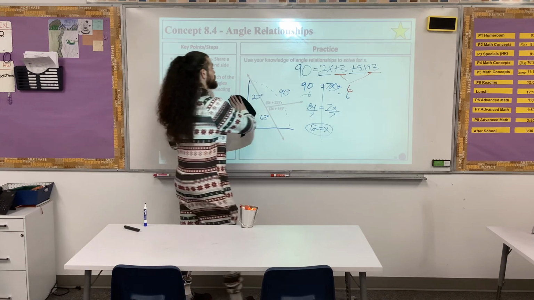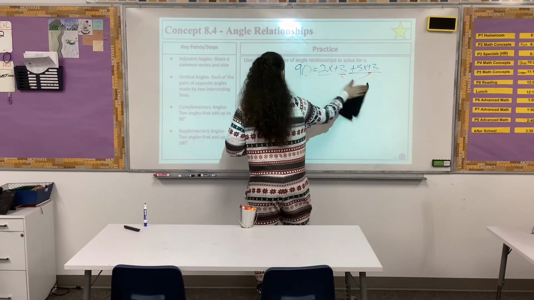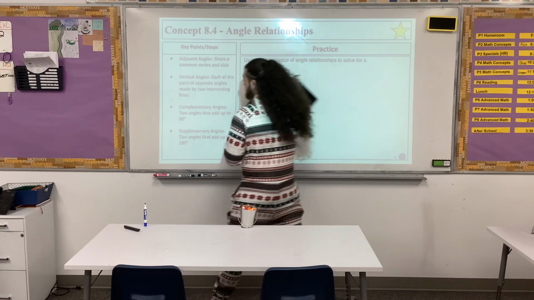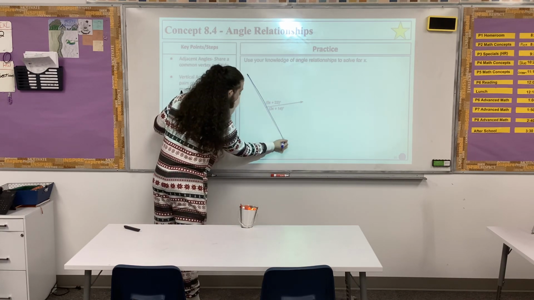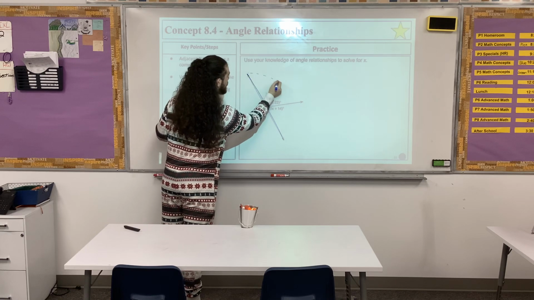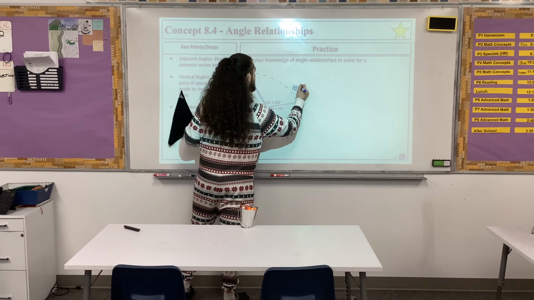Finally, these two angles give me a straight line when I put them together. Straight line, so they are supplementary. They give me a total line of 180 degrees.